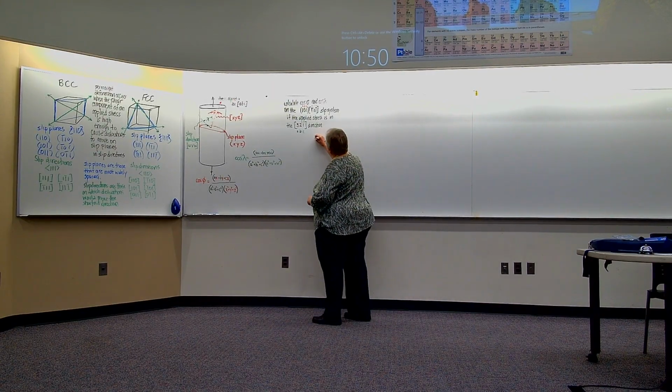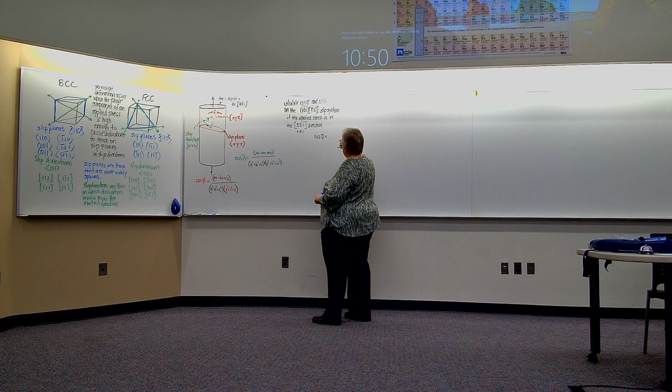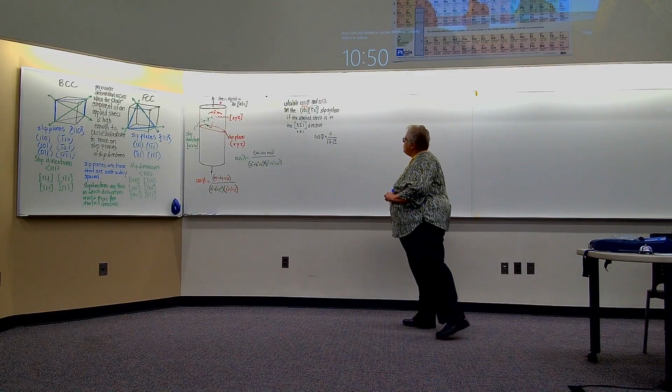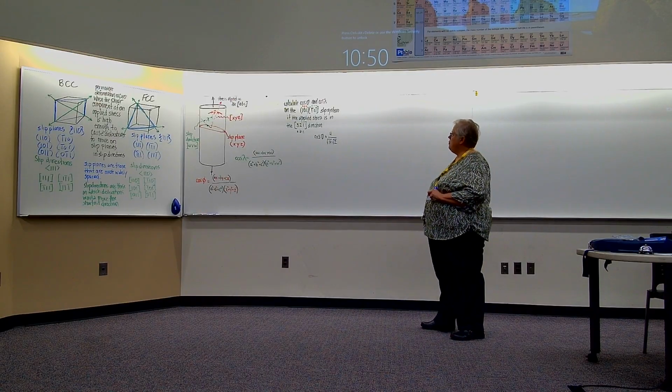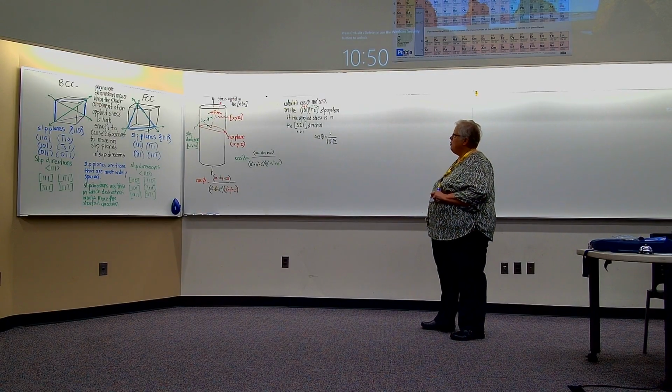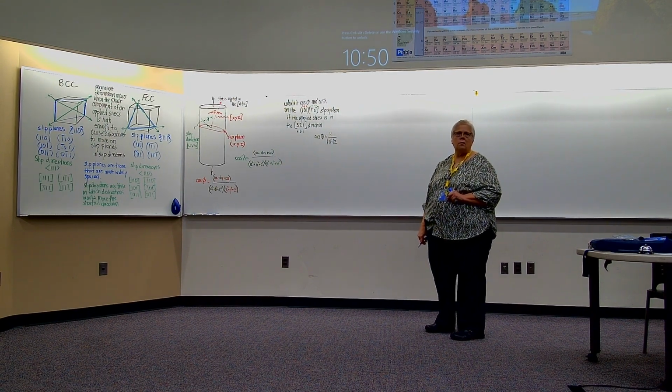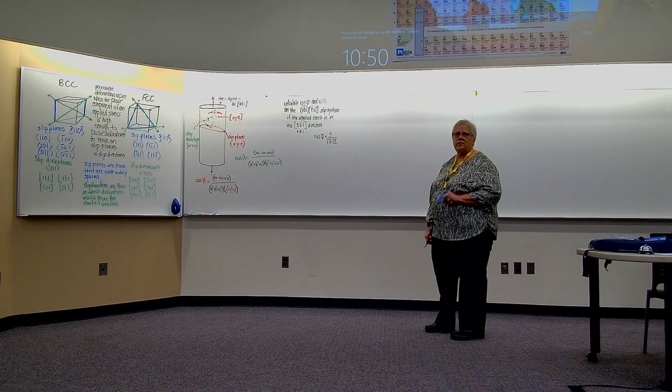So I'm getting that cosine phi is equal to 4 over the square root of 14, square root of 2. Does that sound right?